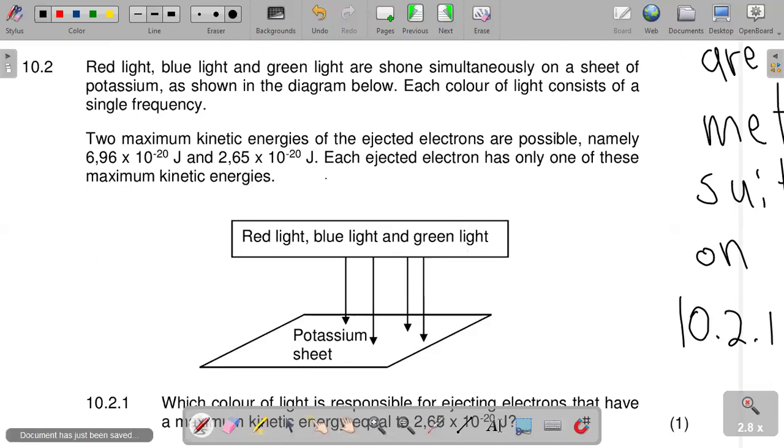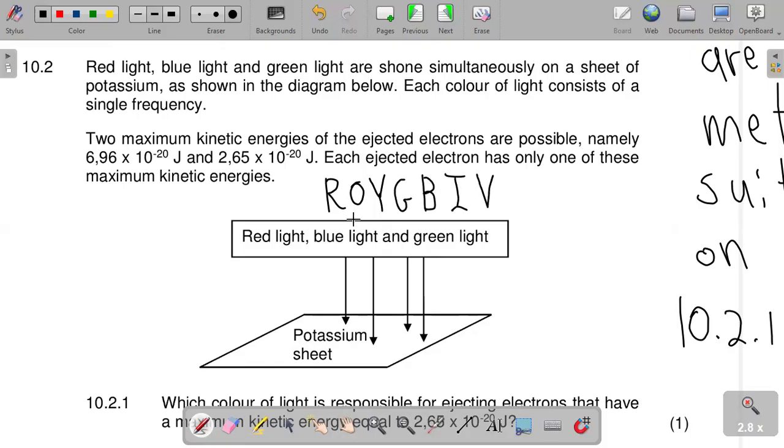We know from the ROY G BIV, so these are the colors. And what happens? The frequency is increasing. The frequency increases this way. When you go from left to right, the frequency is going higher.